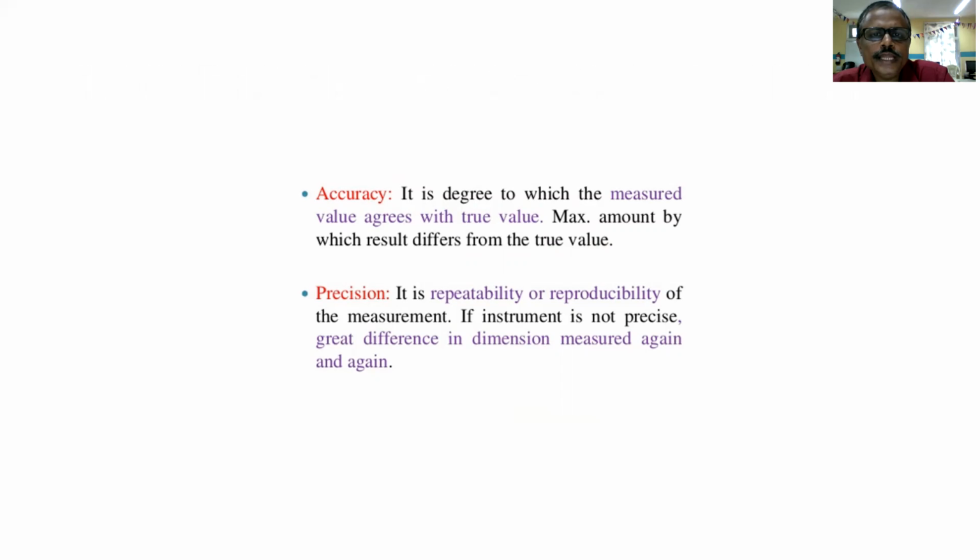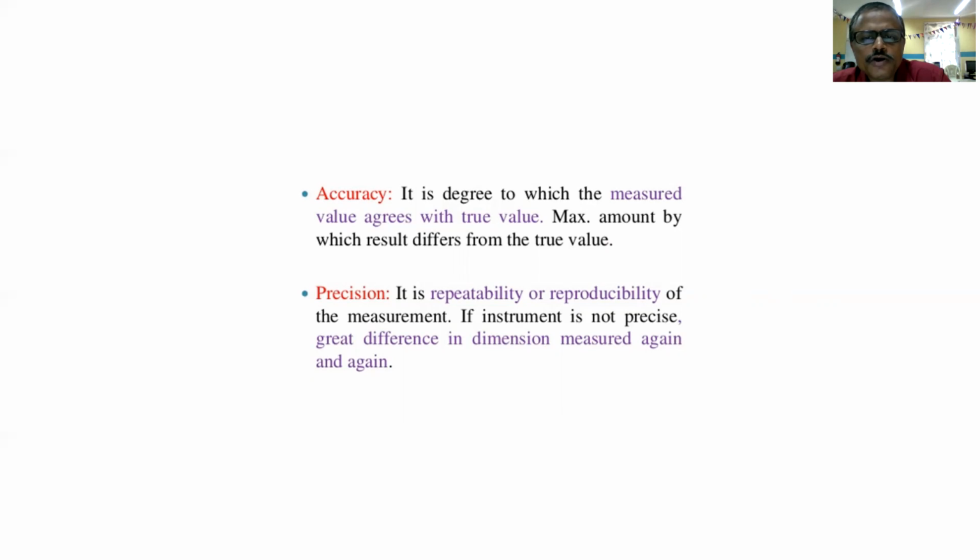Accuracy is the degree to which the measured value agrees with the true value. That is the maximum amount by which the result differs from the true value. Precision represents repeatability or reproducibility of the measurement.